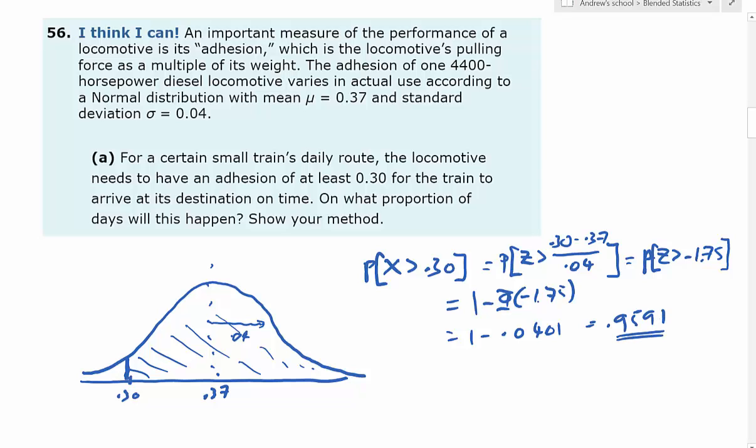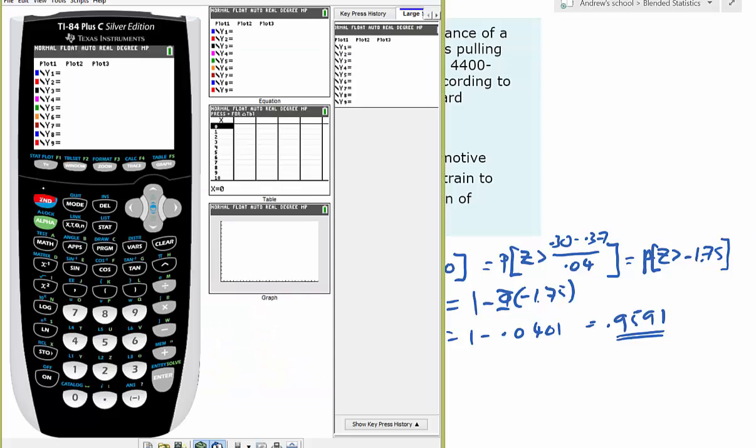We could have done this directly on the TI. Second vars to get distributions. Then we want the normal CDF.